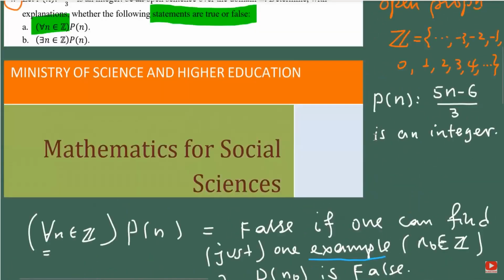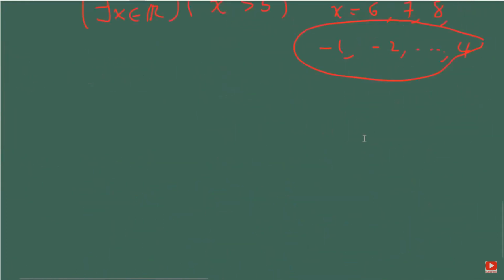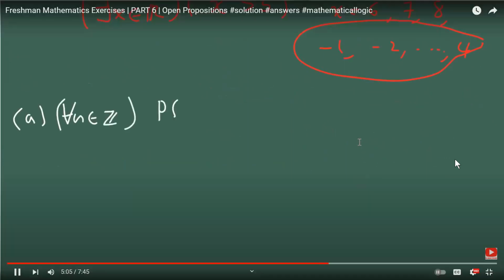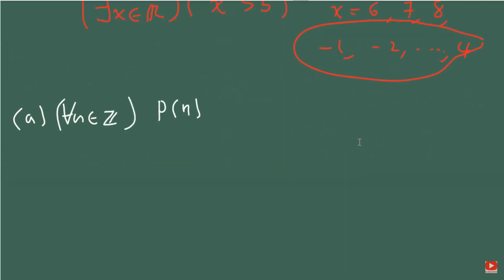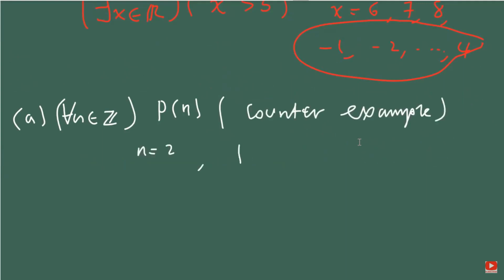So for our proposition in part A, the question asks for the truth value of: for all n an element of Z, P(n). We look for a counterexample. You can take 2. So P(2) is (5 times 2 - 6)/3, which is 10 minus 6, that is 4, divided by 3.